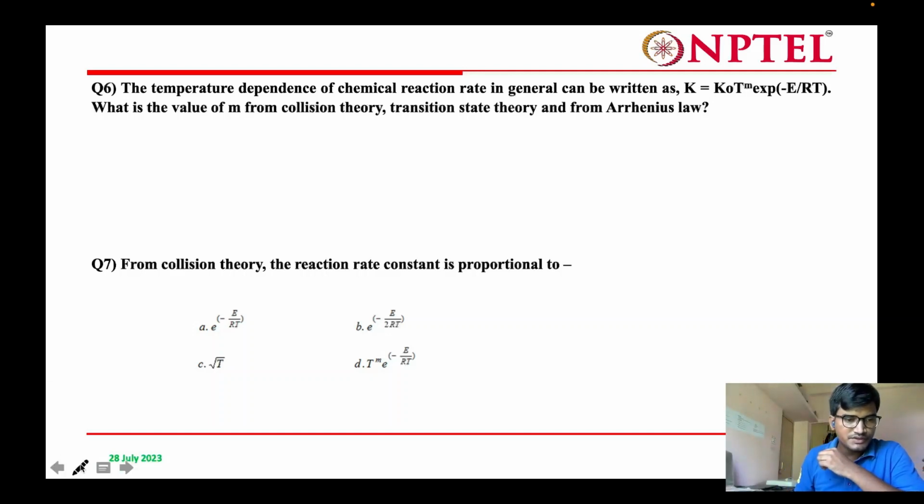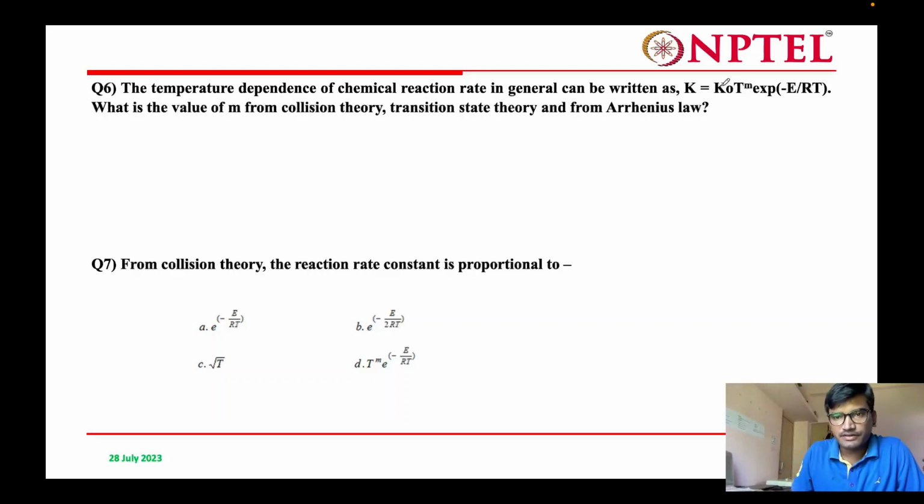Question number 6. The temperature dependence of chemical reaction rate in general can be written as k is equal to k naught into T raised to the power m exponential minus E by RT. What is the value of m from the collision theory, transition state theory, and from Arrhenius law?